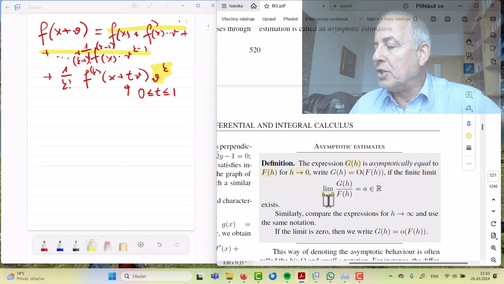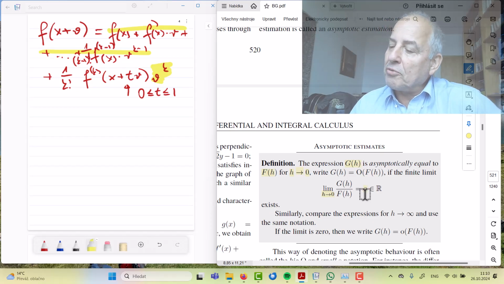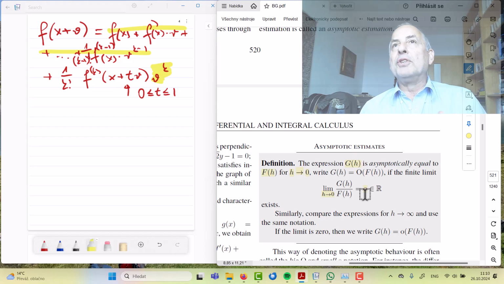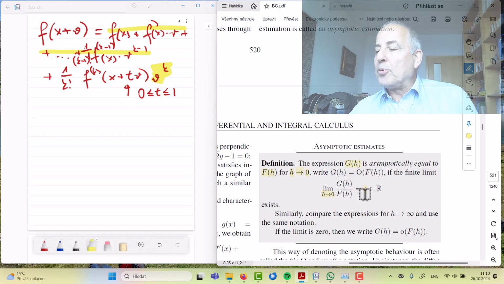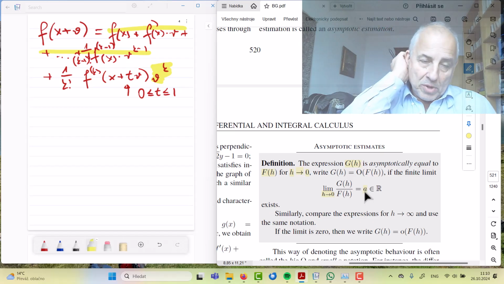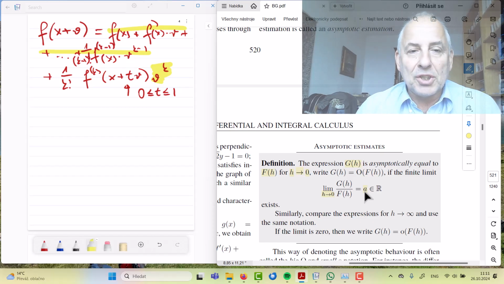So I go with h to 0 and compare the values, and if it converges to some finite real number a, then asymptotically they are of the same order of magnitude, up to a scalar multiple a. That's how we get the asymptotic estimates.